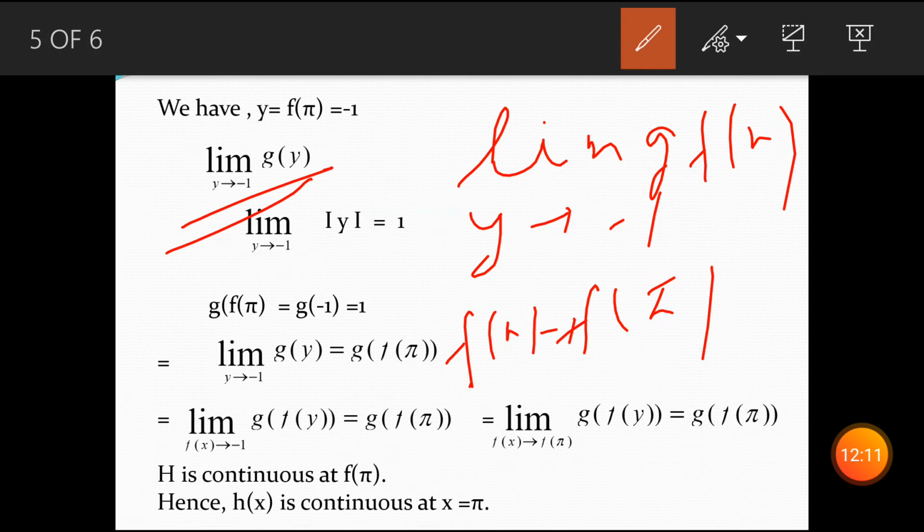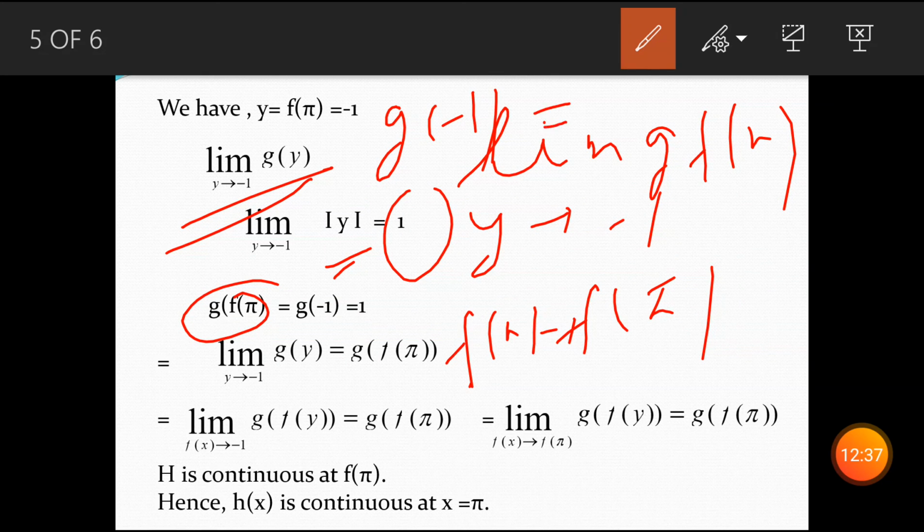Okay, so in place of f(x), what are we going to put? f(pi). So f(pi) means g of f(pi). So that is mod y. Okay, g(y) is nothing but mod y. And if you put minus 1 in mod y, then definitely your answer will be 1. So g of f(pi) is equivalent to 1. And if you directly find the value of the function at minus 1, g of minus 1, then also mod of minus 1 is nothing but 1.